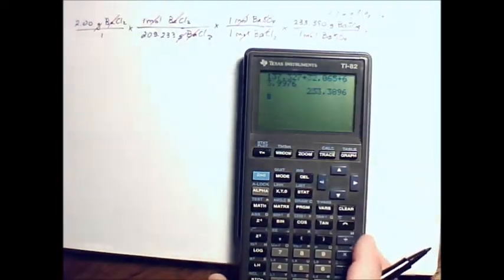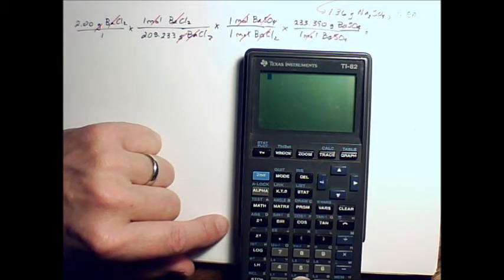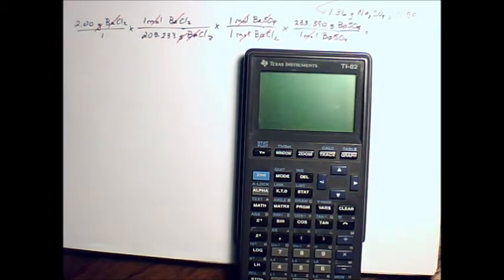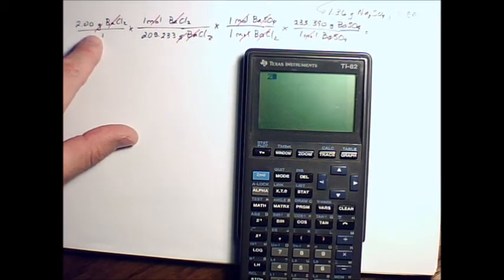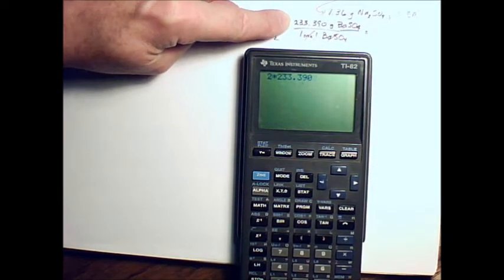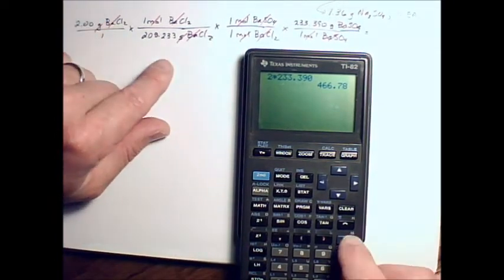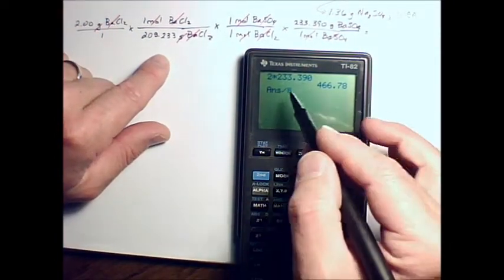The final answer? Not yet. We're not done with the final answer yet. We're getting closer and closer. Once we find this, 2 times 233.390. Enter. Then separately, then divide. So it takes that answer down here.